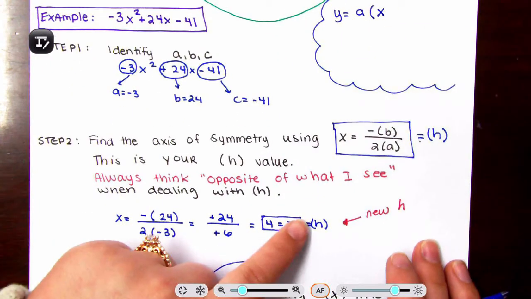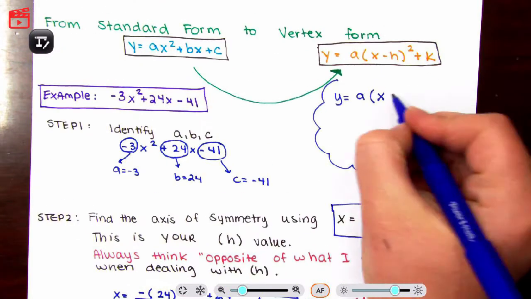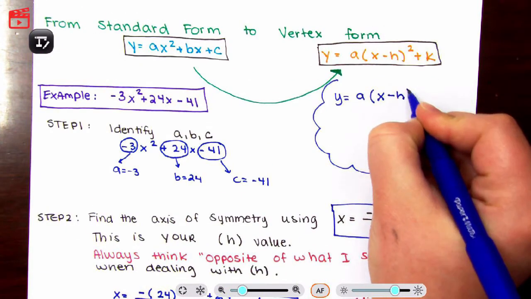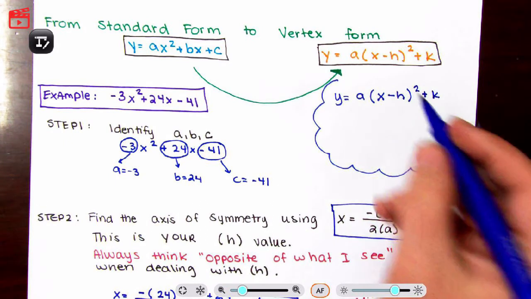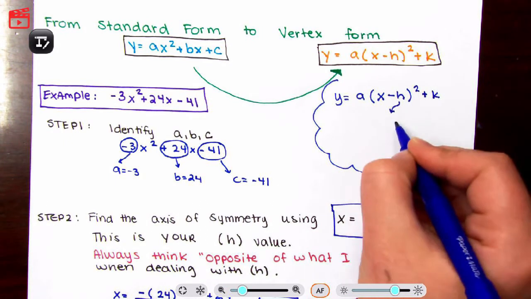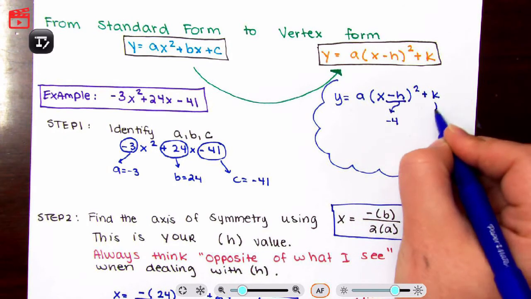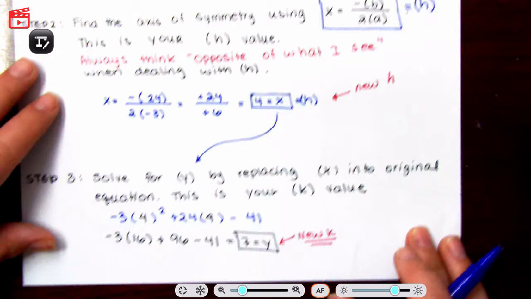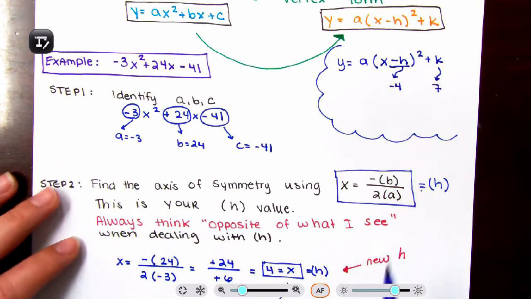If our h value here was a +4, that means when you're writing it inside, it's going to be opposite, so it's going to be a minus. It's not always going to be a minus, it's just opposite of what you see. So this here is going to be a -4. This here is your k value, which was a 7. Now k does not have to be opposite of anything, it's just what it is.